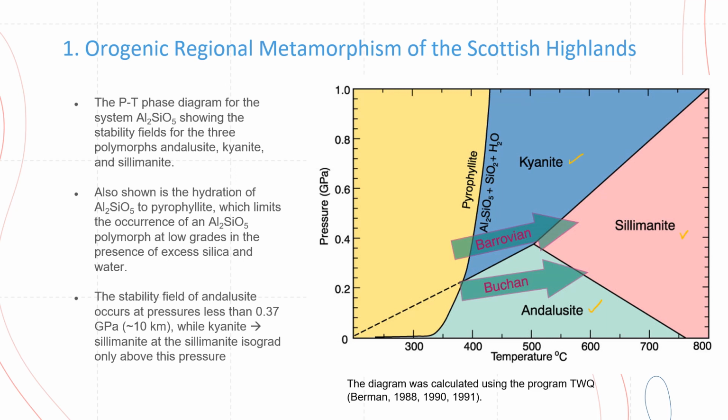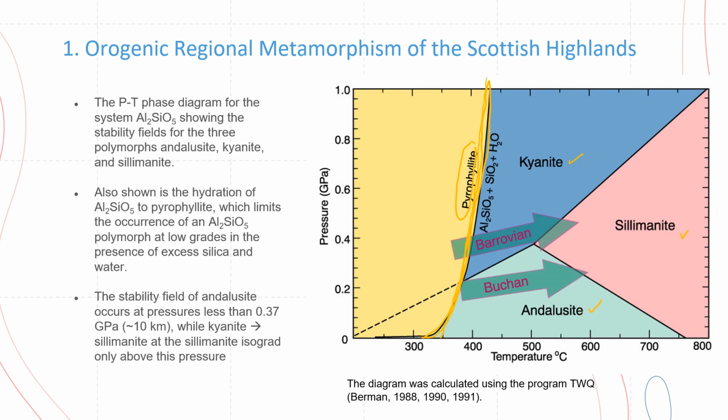And we also have on this graph the hydration of Al2SiO5 to pyrophyllite, and this limits the occurrence of polymorphs at low grades in the presence of excess silica and water.